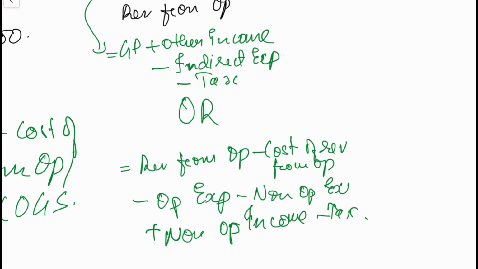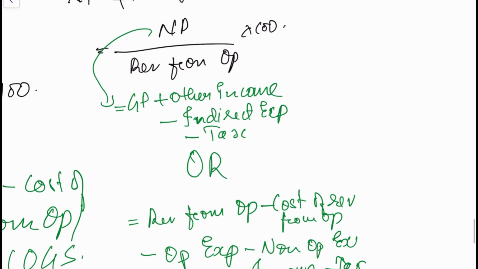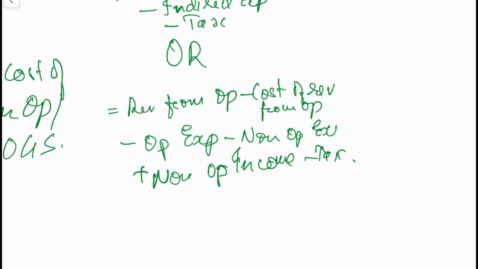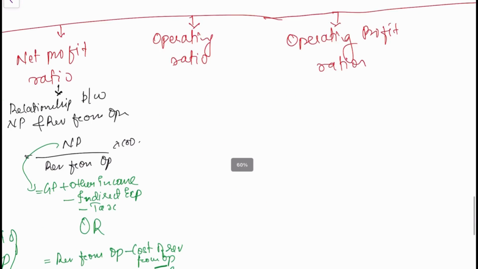Okay, so there are two formulas to calculate the net profit. First formula is gross profit plus any other type of income, then reduce the indirect expense and tax. Next is revenue from operation. From that, reduce the cost of the revenue from operation, then reduce the operating expense, non-operating expense, then add the non-operating income. Non-operating income only you have to add here, then reduce the tax.